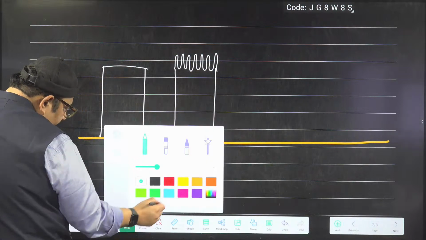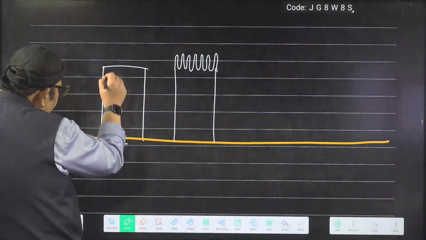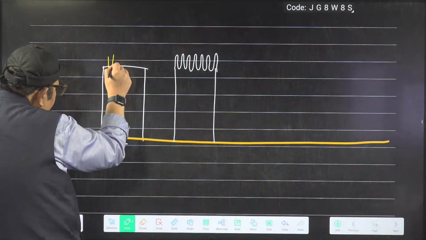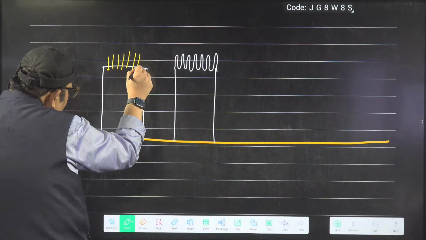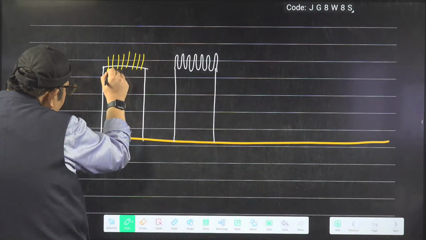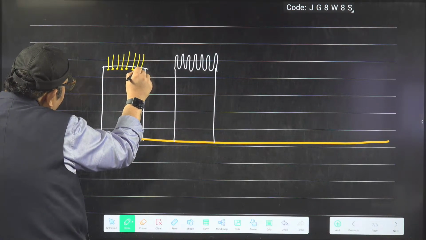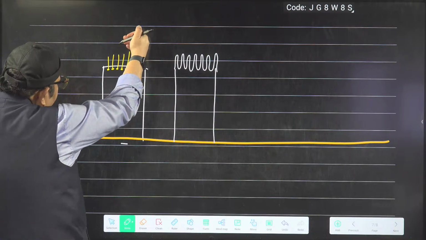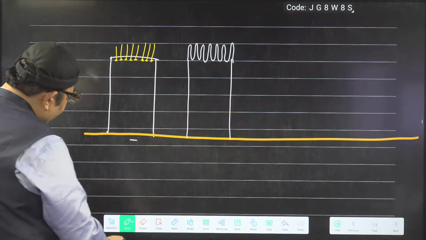Another one, this one: the basal granule, and these are fine hair that can also move.